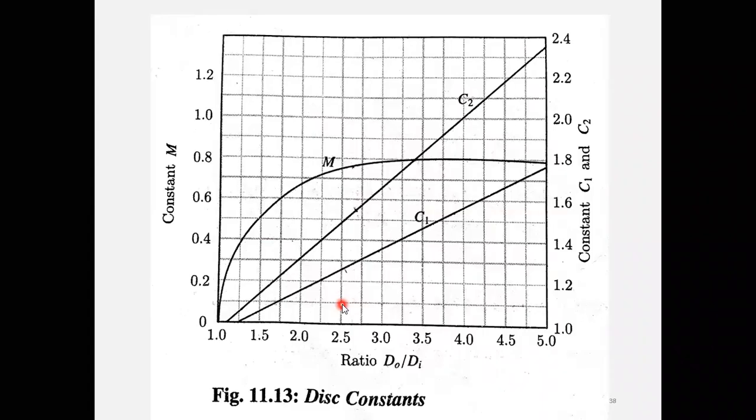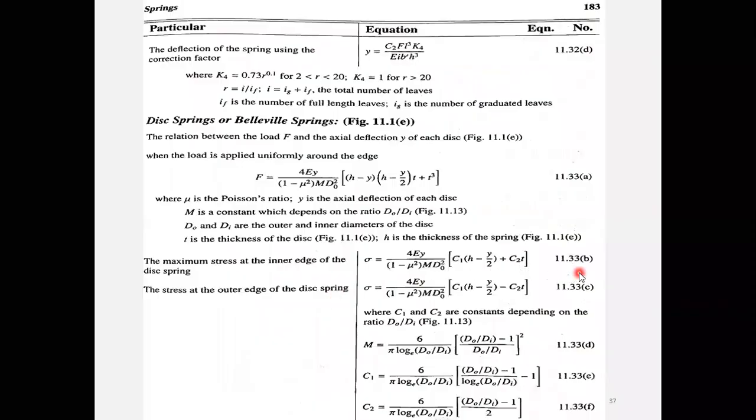Now you have obtained the safe load. Next, he has asked to calculate the stress produced at the outer edge. Two equations are there, 11.33b and c.